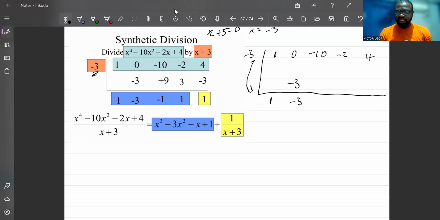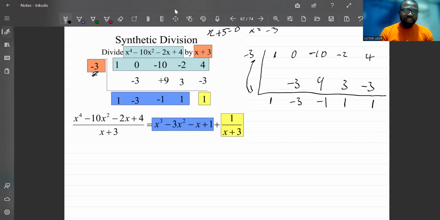Then multiply negative 3 by negative 3, it gives you 9. You add 9 and negative 10, it gives you negative 1. Then negative 3 times negative 1 gives you 3. You add it to 1 and it gives you 4... Negative 3 multiplied by 1 gives you negative 3. You add it to 4, it gives you 1.